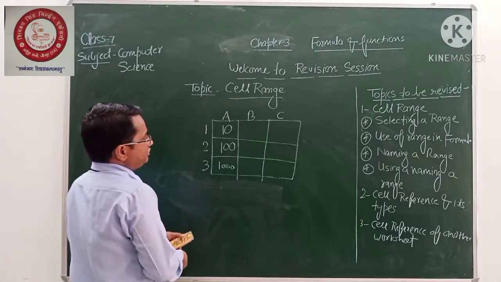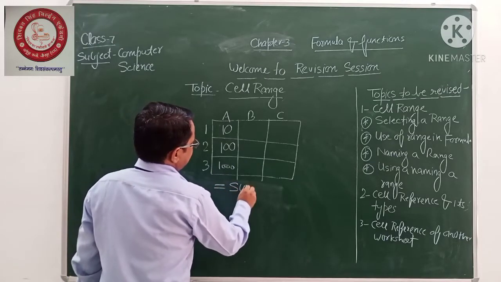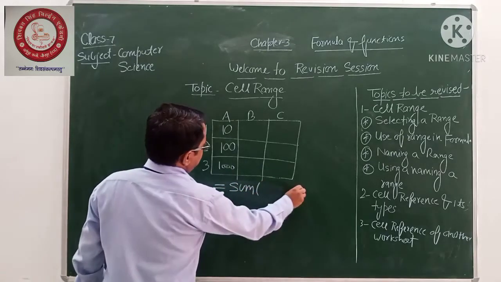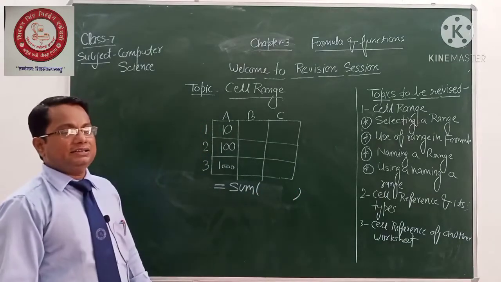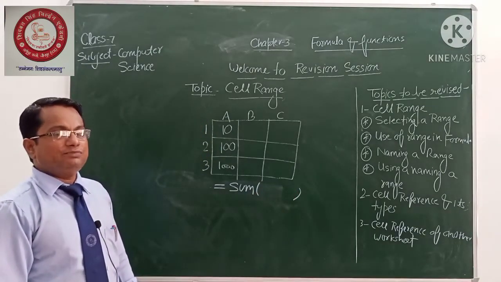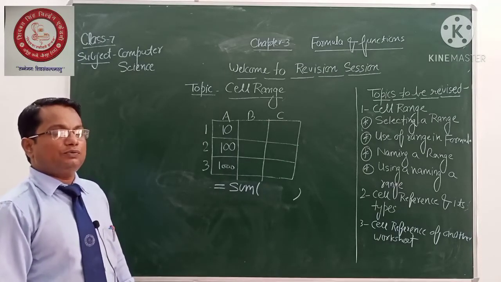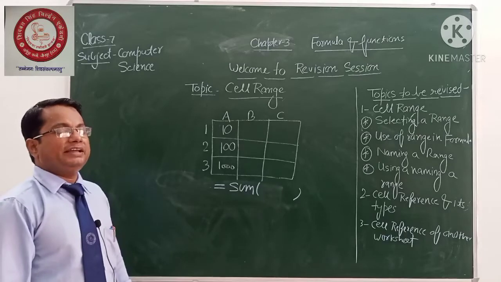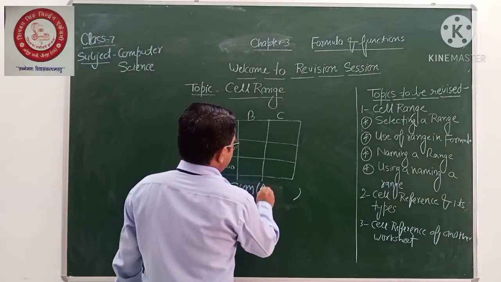So how are we going to use the function here? Equal to SUM, then a bracket. Inside the bracket you can either write the names of the cells with comma signs, or you can directly use the cell range.